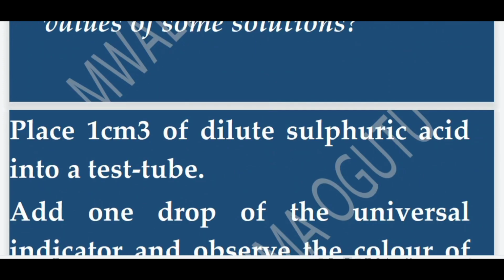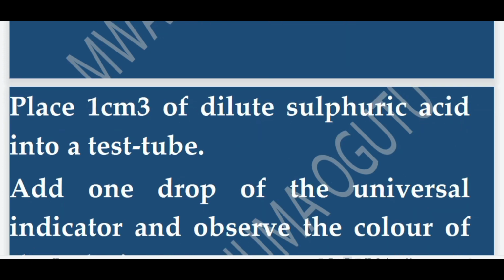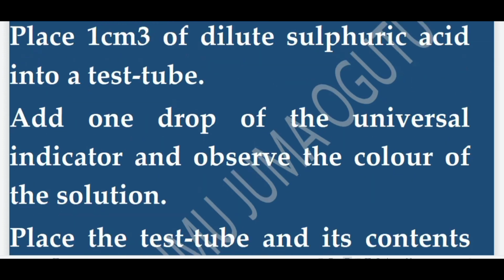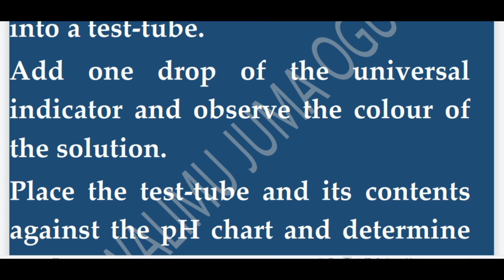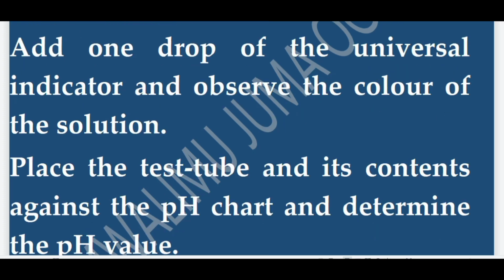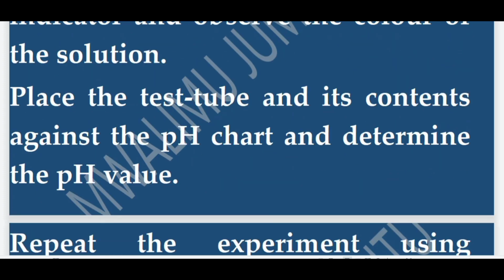We place about 1 cubic centimeter of dilute sulfuric acid into a test tube. Then we add 1 drop of the universal indicator and observe the color of the solution. Then we place the test tube and its content against the pH chart and determine the pH value.